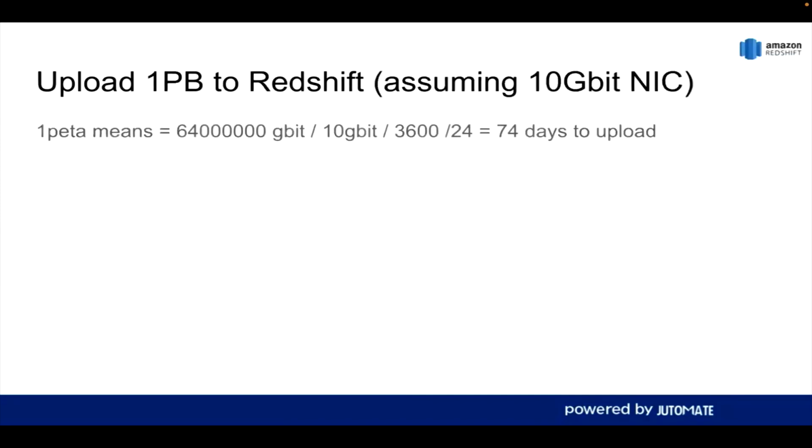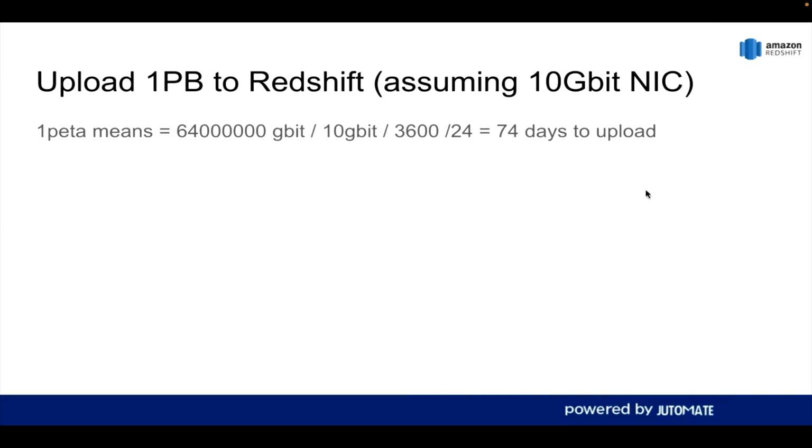Okay. Generally speaking, when you want to upload 1 petabyte, assuming a 10 gigabit network interface card, essentially 1 petabyte means this amount of gigabits divided by 10 gigabits, divided by 3,600 seconds, divided by 24 hours.